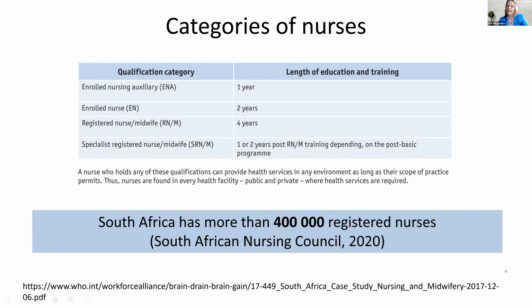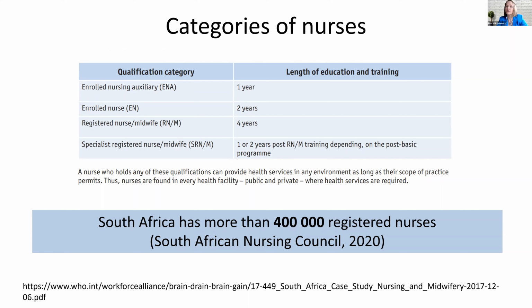So let me explain a little bit about the different categories of nurses that we have in South Africa. We predominantly have 4 different categories, as you can see on the slide. The first one is an enrolled nursing auxiliary, which is somebody who's had training for a year and does a lot of the feeding, cleaning, and assisting patients in the various healthcare facilities.